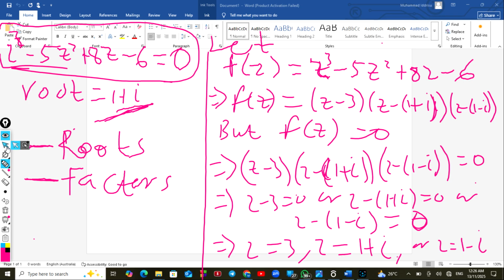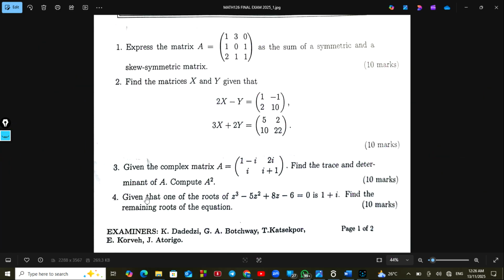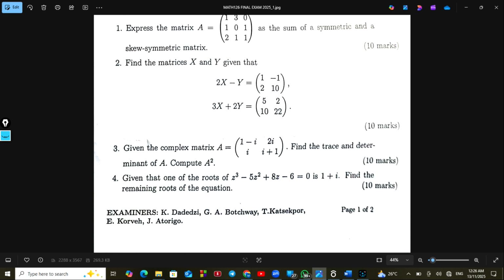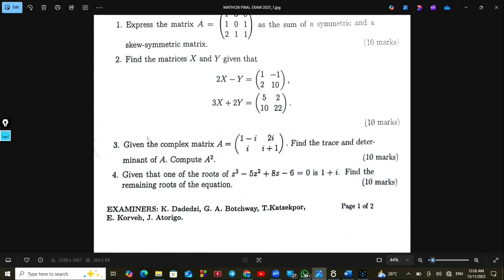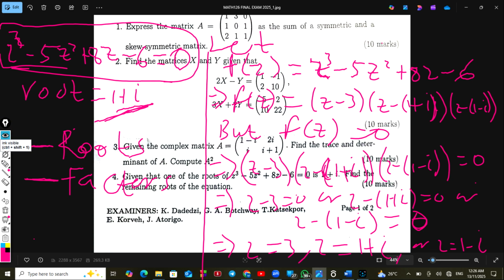Now let's go back to the question and see what we are actually asked to find. Let me close the solution for now. So here from the question, find the remaining roots. So the remaining roots are what? 3, and then the other one 1 minus i.